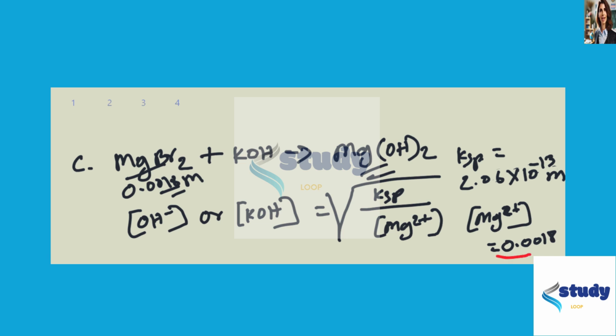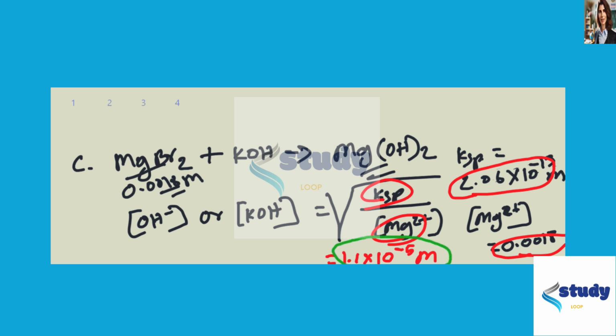Now if we plug this value and the KSP value in here, then we will have the required KOH concentration, which is 1.1 times 10 to the power minus 5 molar. So this is the required concentration of KOH to form a precipitate in the solution of MgBr2.